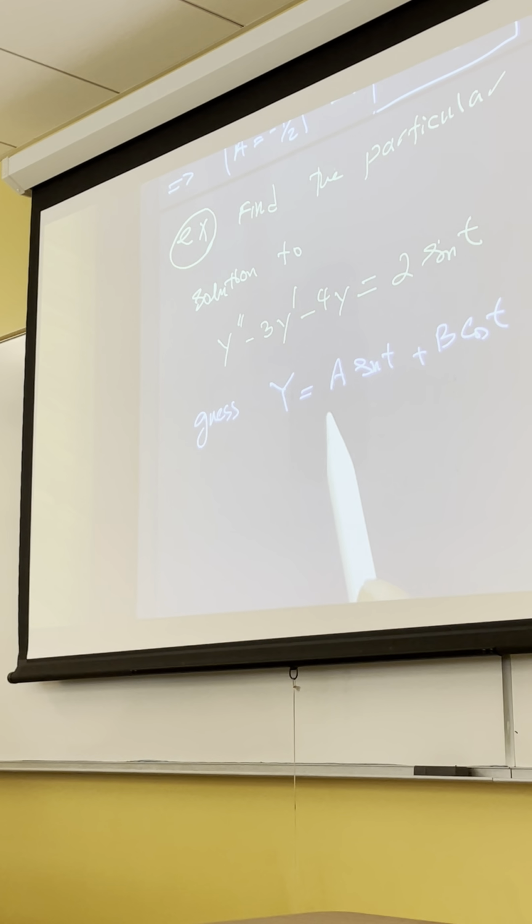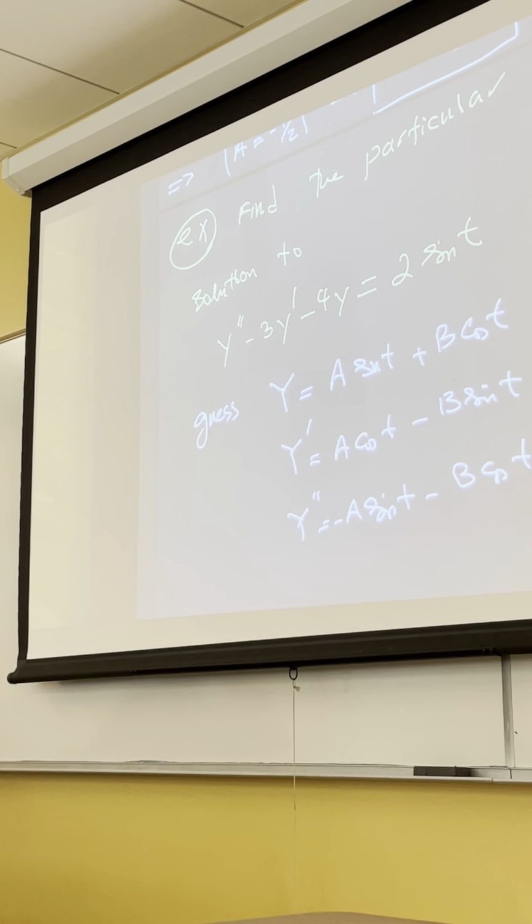So if y is a sine of t plus b cosine of t, then y prime is what? A cosine of t minus b sine of t. And y double prime is negative a sine of t minus b cosine of t.